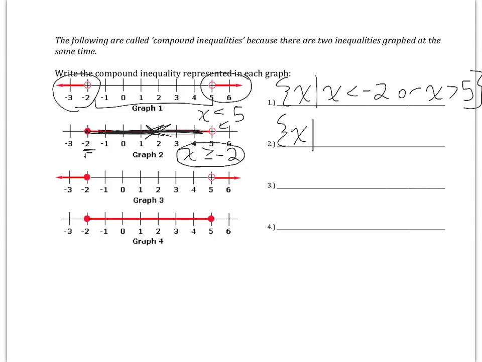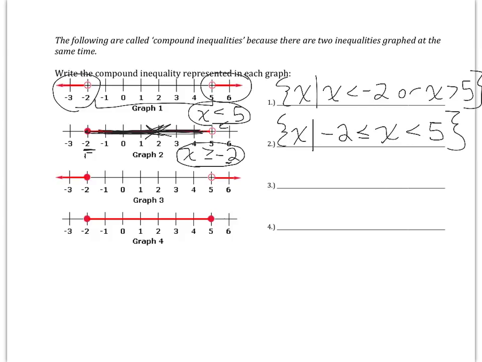If I wrote -2 first, then I could say -2 is less than or equal to x. So I would flip the sign, and then I can take this part of it and call it x is less than 5. And so then I would close my brackets.